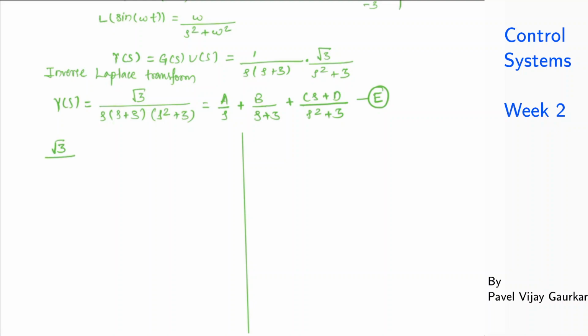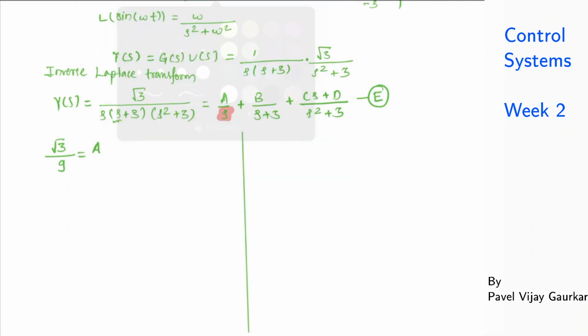When we put s equal to 0 here, we get 3, and when we put s equal to 0 here, we get 3 again. So 3 into 3 is 9 is equal to A. The other terms are multiplied by s, so this whole term would go to 0 when we substitute s. So A is equal to 9.